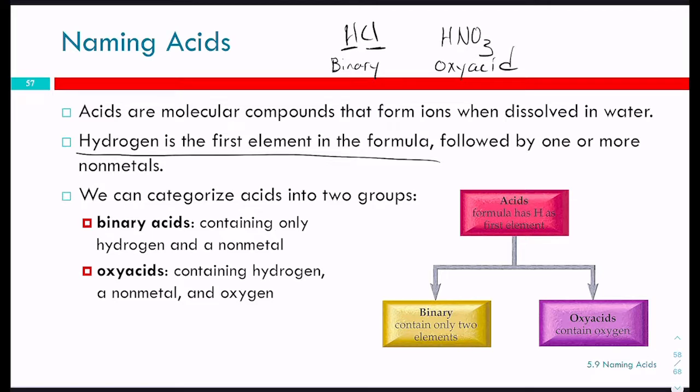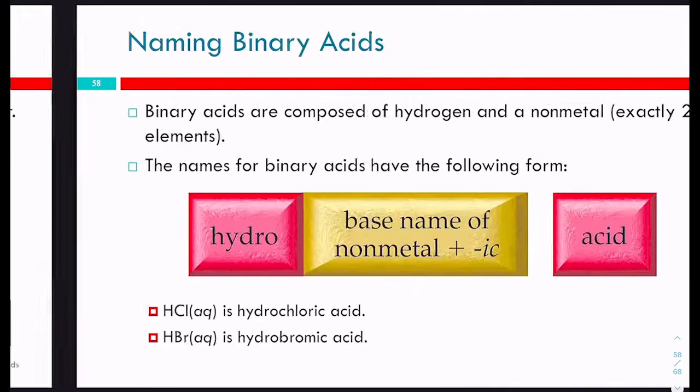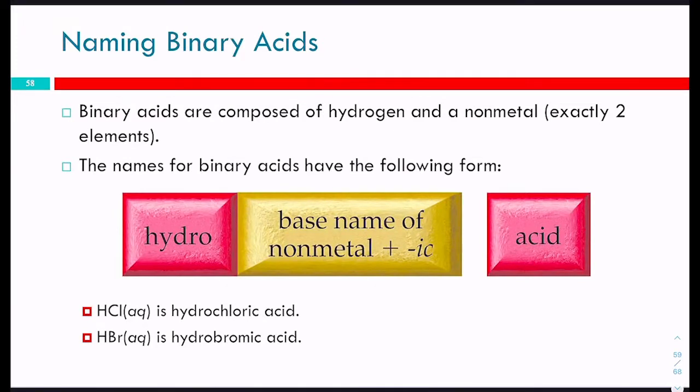So for binary acids, if you recognize that there is a hydrogen first and then a single nonmetal second, composed of just two elements, you'll add a hydro to the front. You'll change the base name of the nonmetal plus IC, so that ending changes to IC, and then put acid at the end.